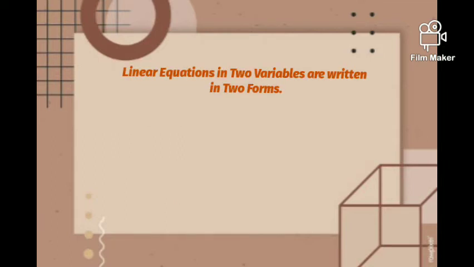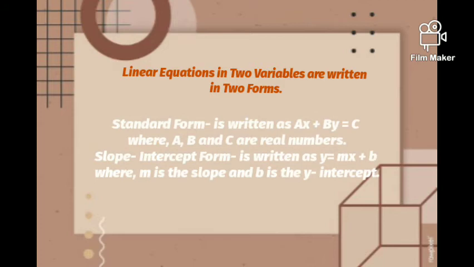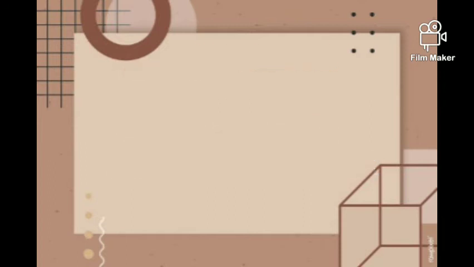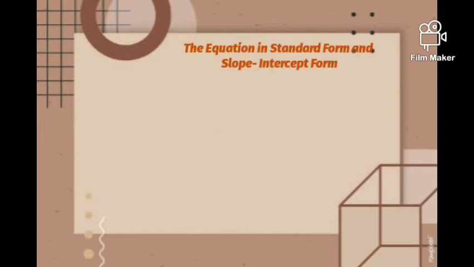Linear equations in two variables have two forms, namely standard form and slope-intercept form. Standard form can be written as ax plus by equals c, and slope-intercept form can be written as y equals mx plus b. Here is the example equation for the standard and slope-intercept form.